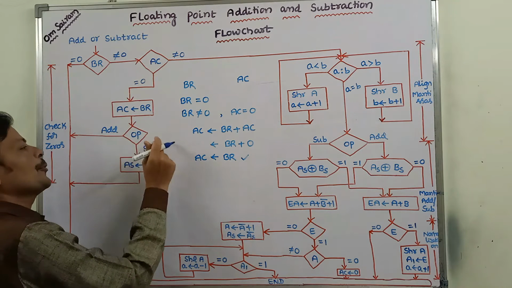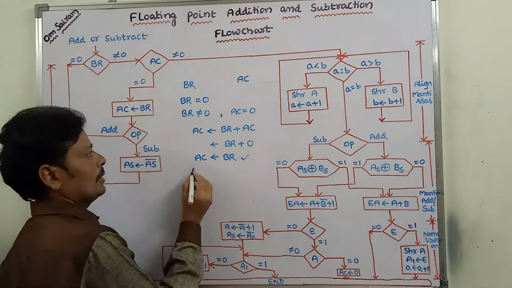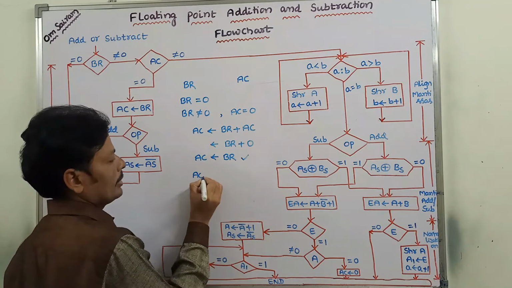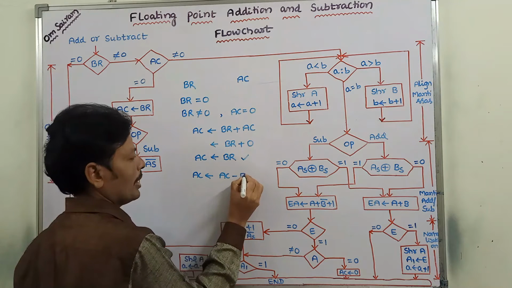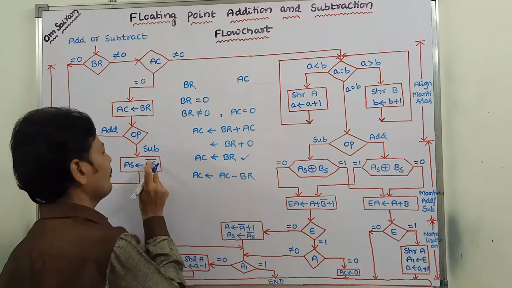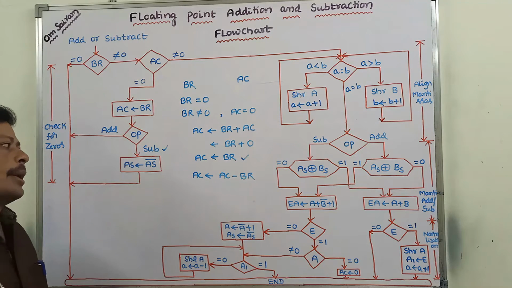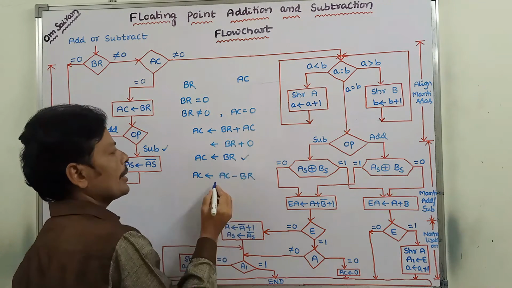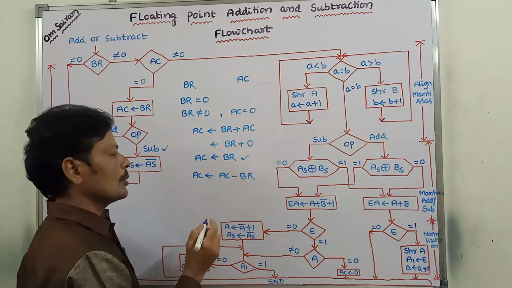Suppose we want to perform the subtraction operation. Then AC becomes AC minus BR. Here AC value is 0 and BR value is not equal to 0.